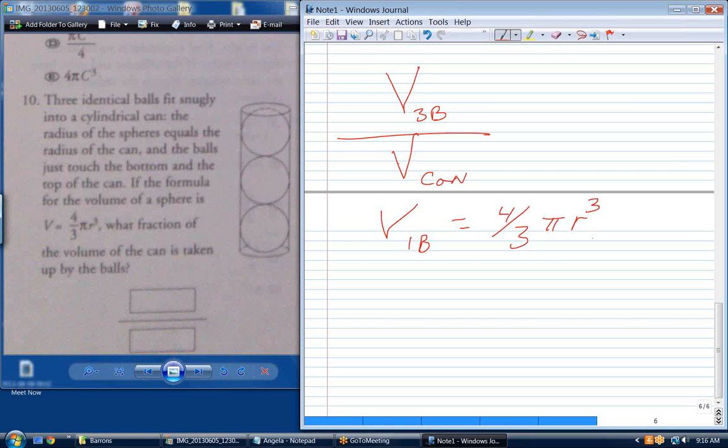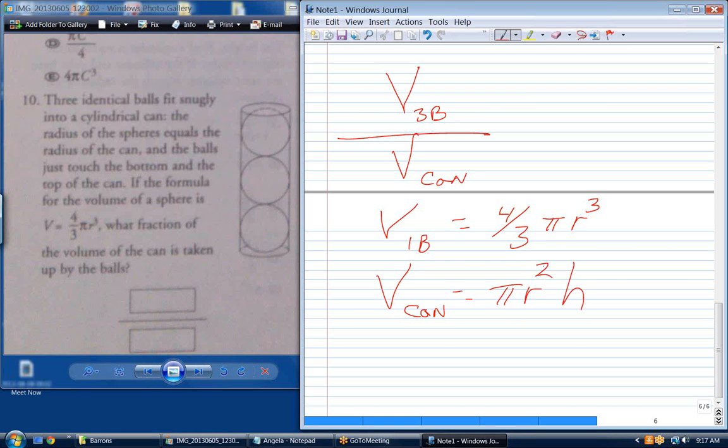That's pretty good, because that's the same r as the radius of the can. So what's the volume of the can? Pi r squared times the height. Correct.